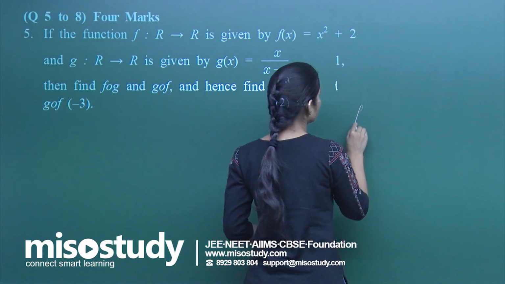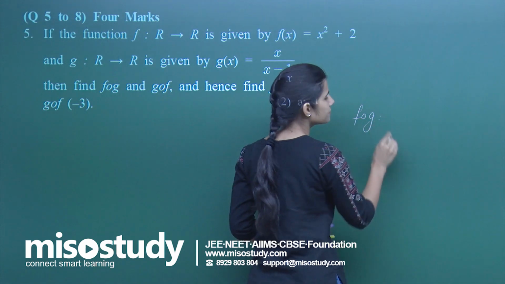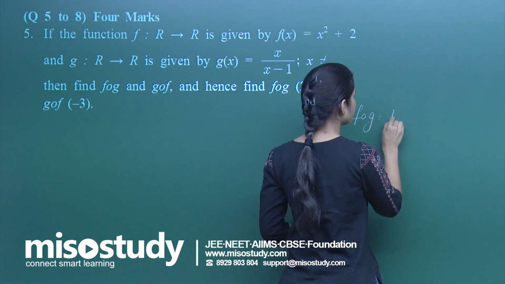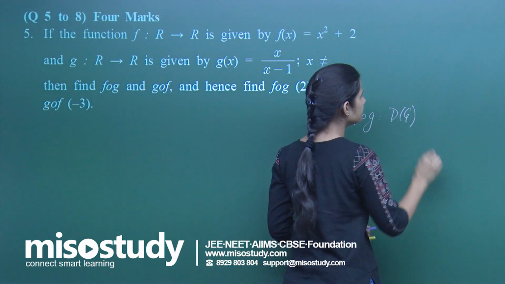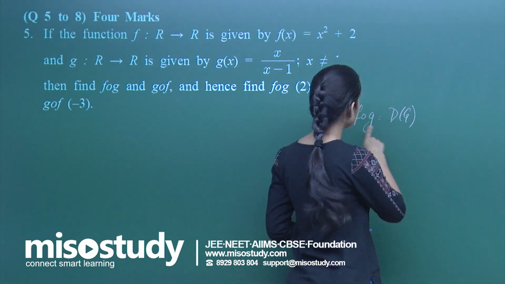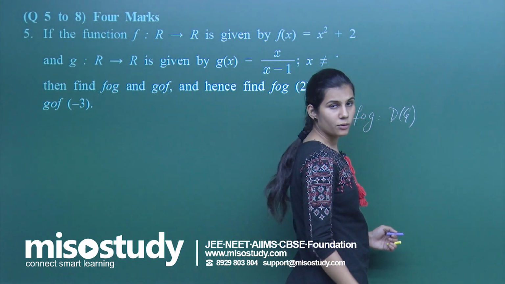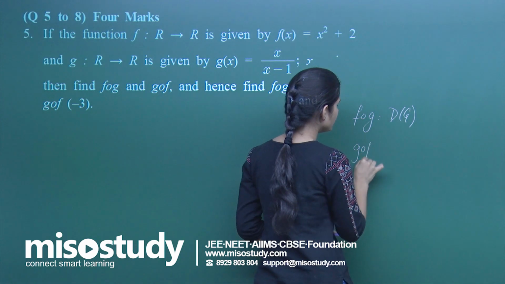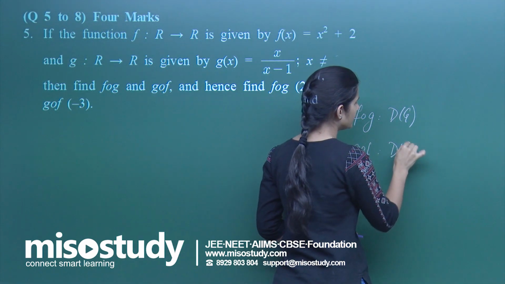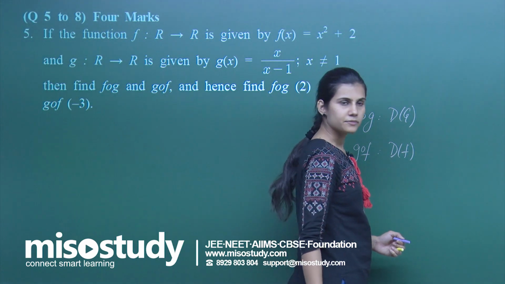Whenever I am talking about FOG, this is defined from the domain of g, isn't it? FOG is defined from the domain of g and GOF is defined from the domain of f, right?